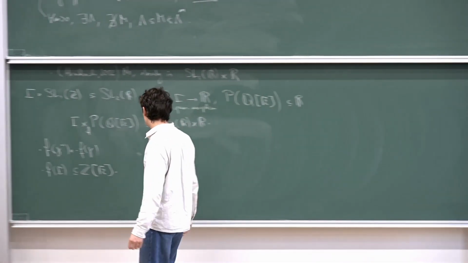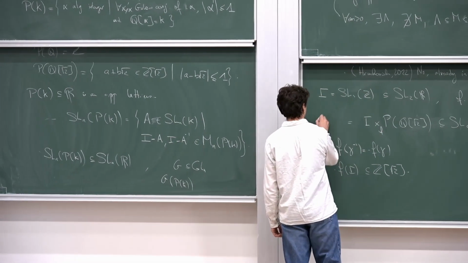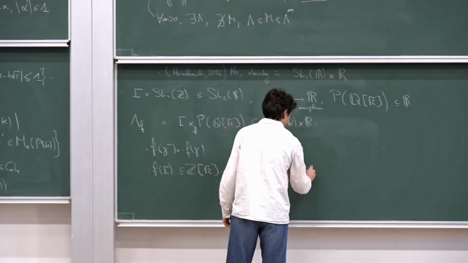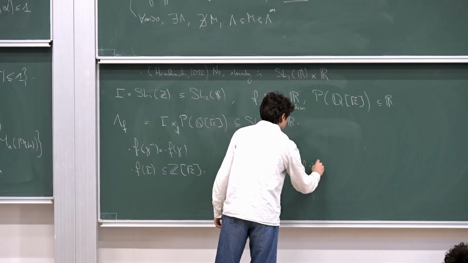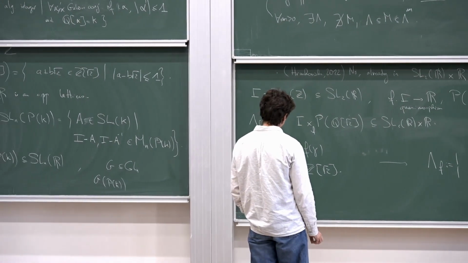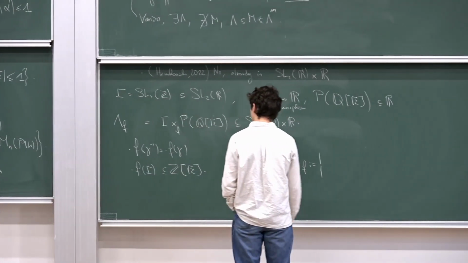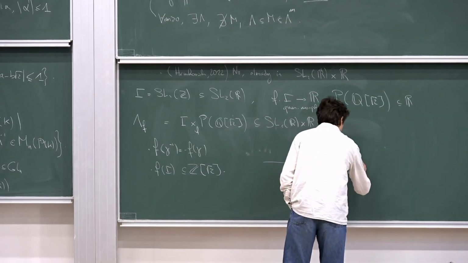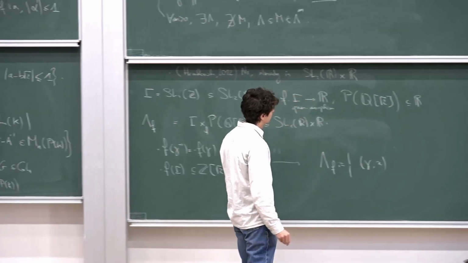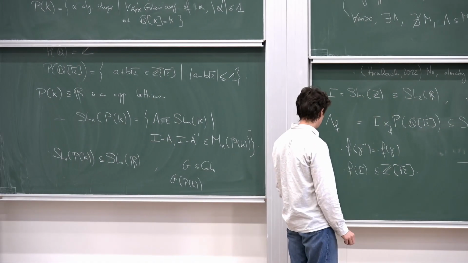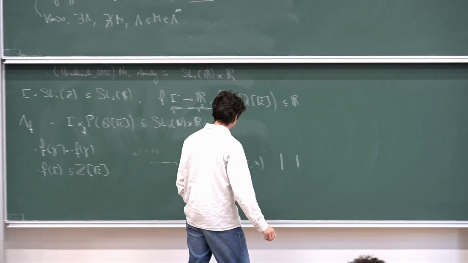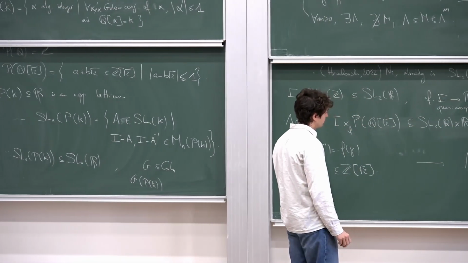Okay, so let's call it lambda f. Now I can define lambda f to be the set of gammas and x such that, what do I want?